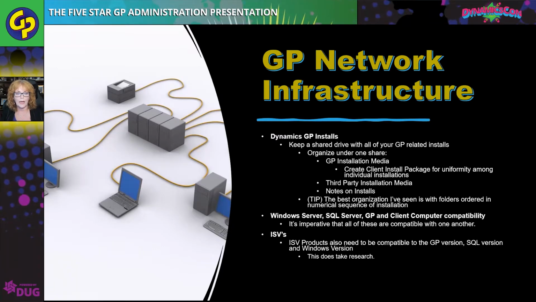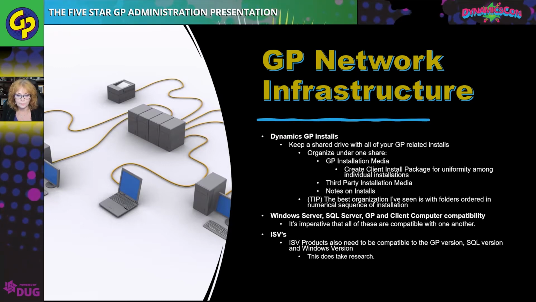You're keeping track of your ISVs, your customizations. You're making sure everybody's installs are 100% aligned with each other. The GP infrastructure also involves making sure that the correct ports are being used, and the security around it all, which we are going to talk about in just a few minutes as well.